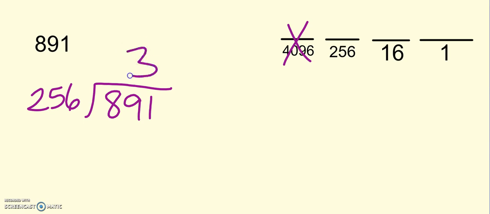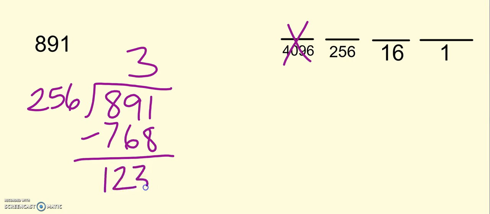The answer for that is 3. Now 3 times 256 is 768. So now we have to do some subtraction to find our remainder. 891 minus 768 is going to be 123. We had a remainder of 123.